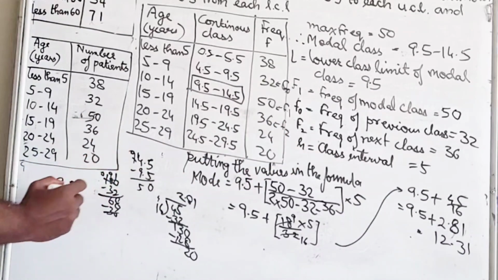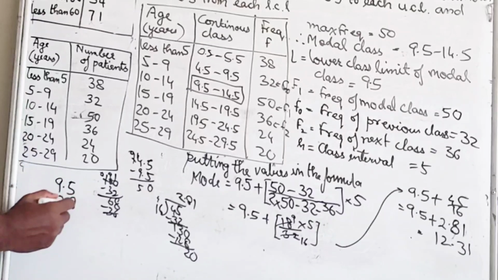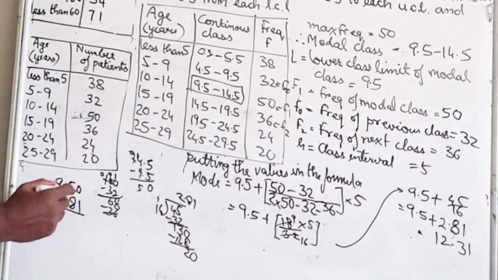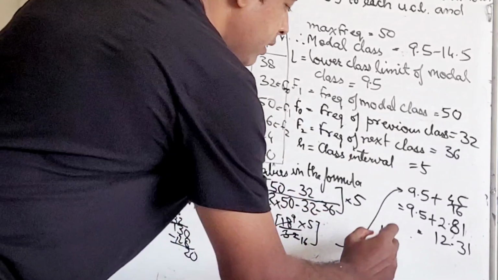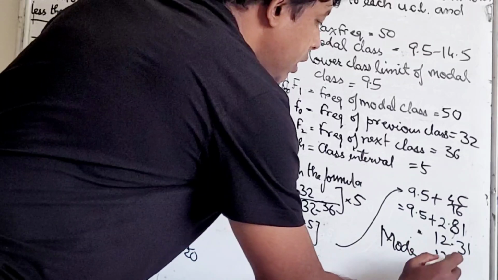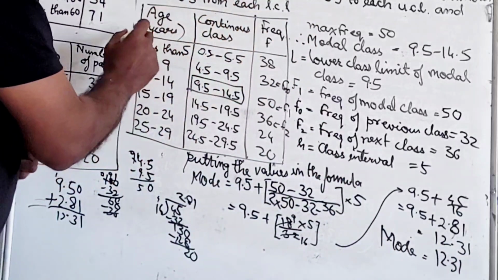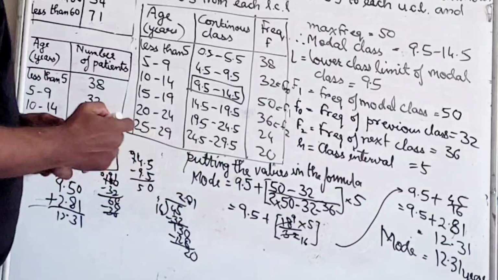So you have to understand 2 is the unit place, so it will come under this unit place. 9 is the unit place, 8 is the 1 upon 10 place, and 1 over here. There's nothing, so you write a 0. So 1, 13, 12.31. So the answer is 12.31. So mode is 12.31. Don't forget to write the units. The unit was years. So 12.31 years.